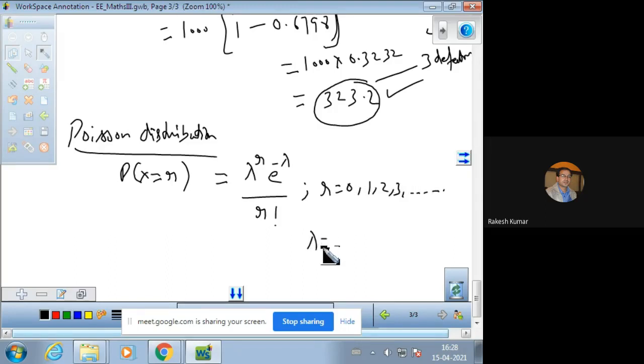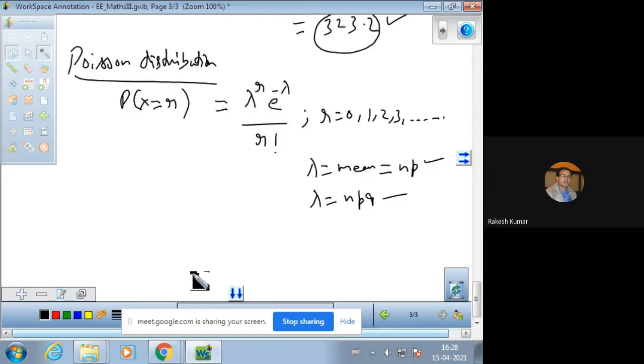And lambda is actually the mean of Poisson distribution. Remember, the mean is NP. One more thing, the mean and variance of a Poisson distribution are the same. So NPQ is also lambda and NP is also lambda. Remember, this is the Poisson distribution formula.